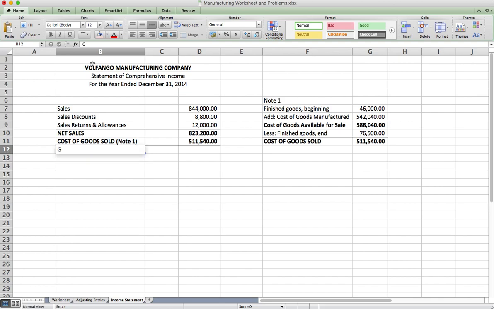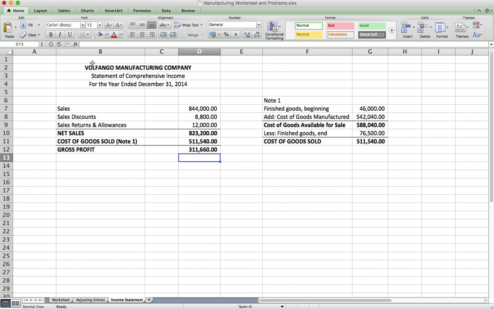Gross profit. Ano ulit ang gross profit, class? Gross profit is the net sales less cost of goods sold. Okay. So, i-run down natin ulit ha. Net sales, less sales discount, less sales returns and allowances is equal to your net sales. Diba?